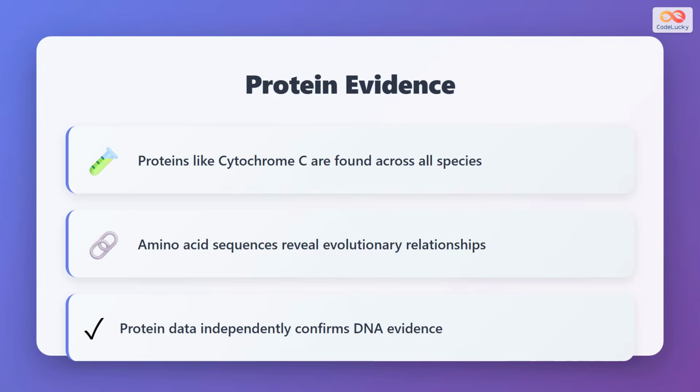What's particularly compelling is that protein evidence independently confirms what DNA evidence shows. When scientists compare organisms using proteins, they arrive at the same evolutionary relationships as when using DNA. This convergence of multiple independent lines of evidence strongly supports evolutionary theory.